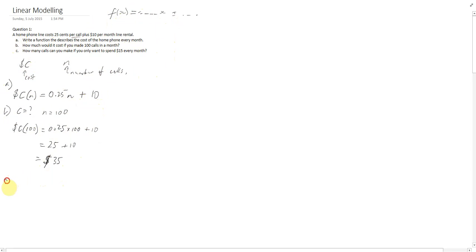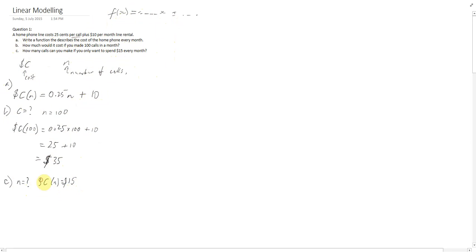And part C, how many calls can you make? So we want to know what is the number of calls. How many calls can you make if you only want to spend $15 every month? So what is n? n is the unknown for the cost of n being only $15.